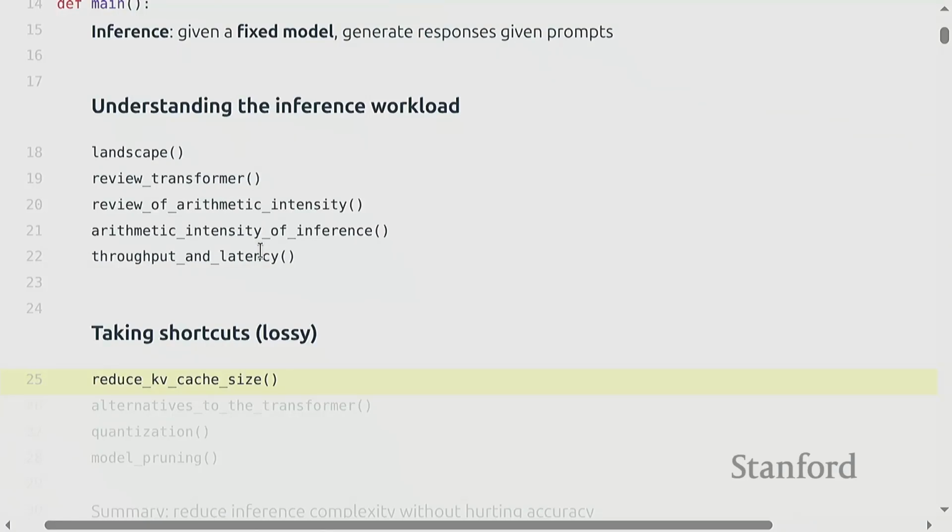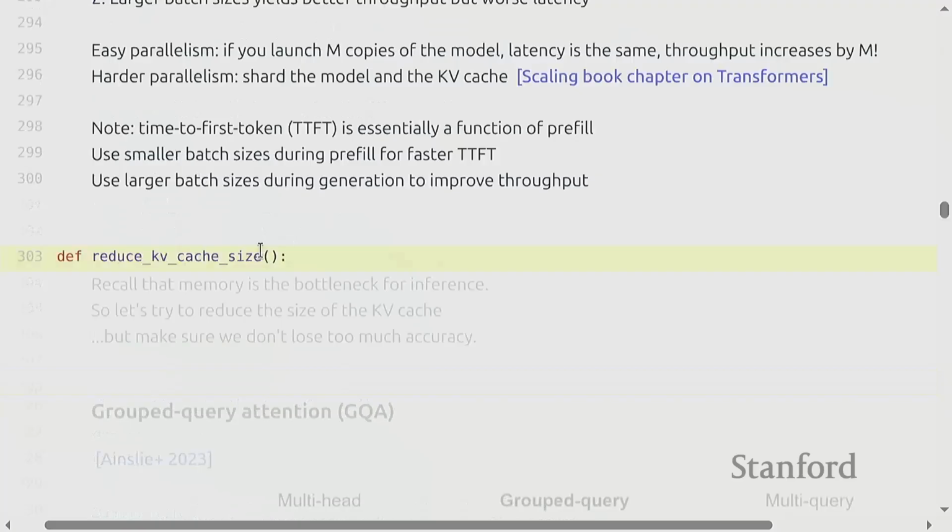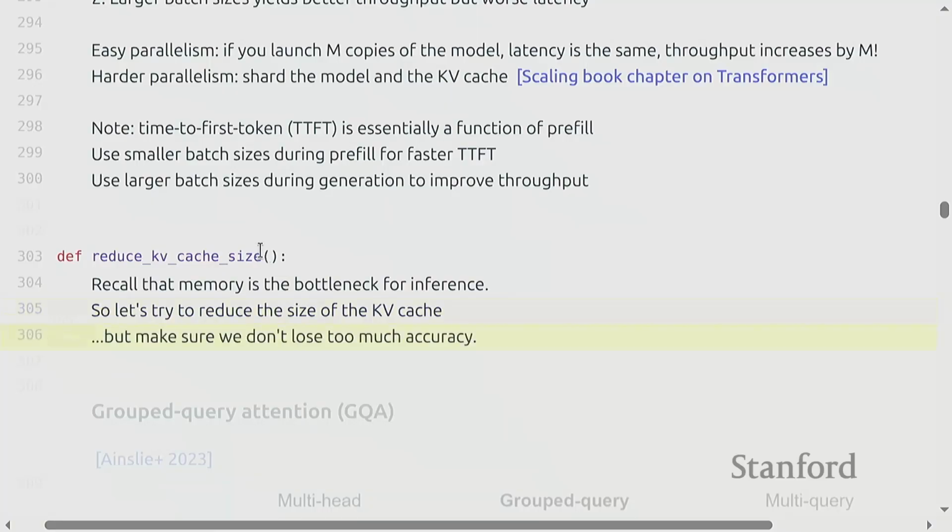If that's one thing you take away from this lecture, it's that it's all about the memory for speed. Okay, so the problem is that if you just start whacking away at the KV cache, you might lose accuracy. So how can you make sure you don't lose too much accuracy but still maintain your KV cache small?